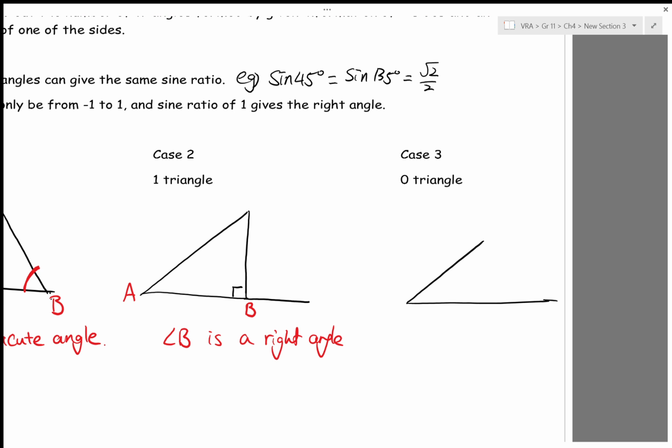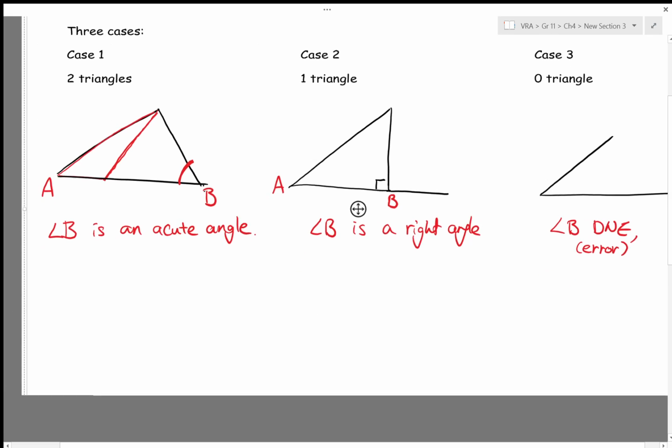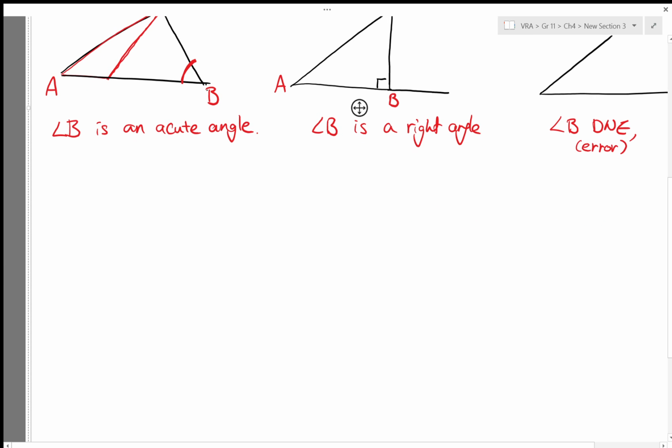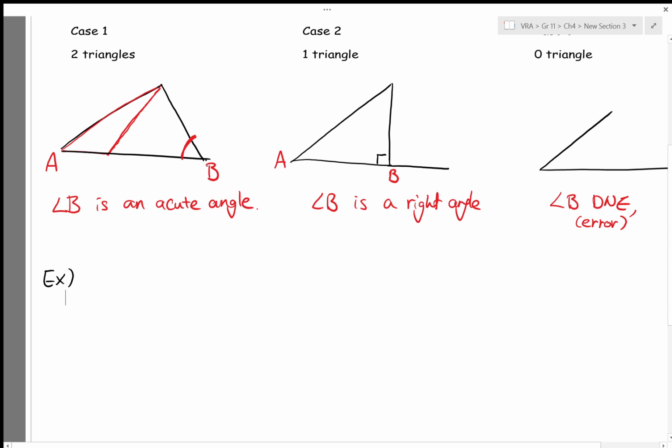So when angle B does not exist, or your calculator will say error on the screen, then there is no triangle. Okay, so let's do an example of this. The example gives you the angle A as I drew in cases 1, 2, and 3, and then it gives you the two side lengths.